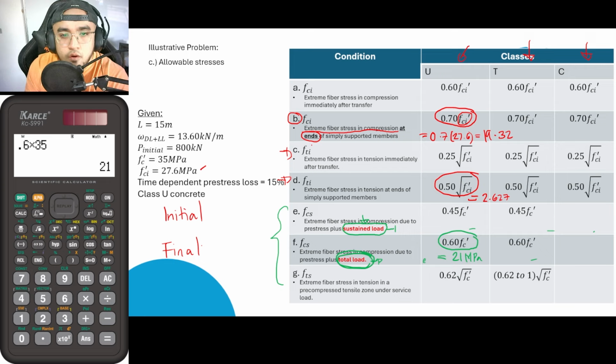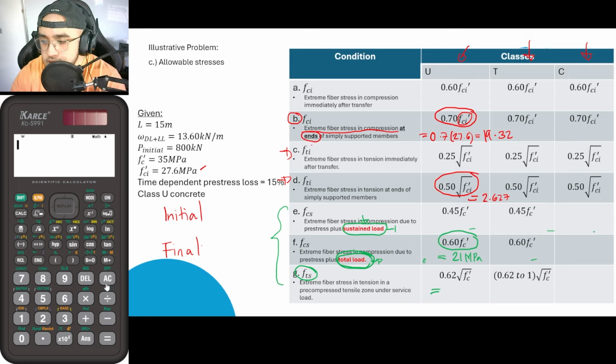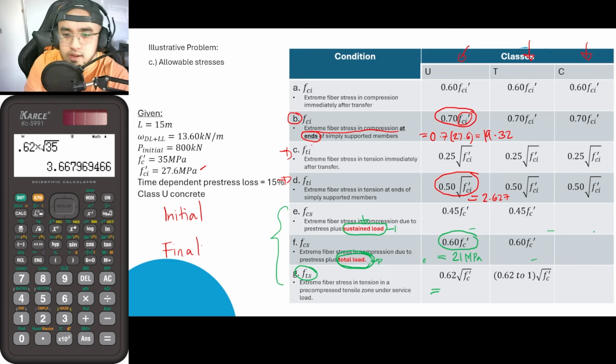Then for the tension side, that is 0.62 times the square root of f'c. So that is 0.62 times the square root of 35, and the answer here is 3.67.